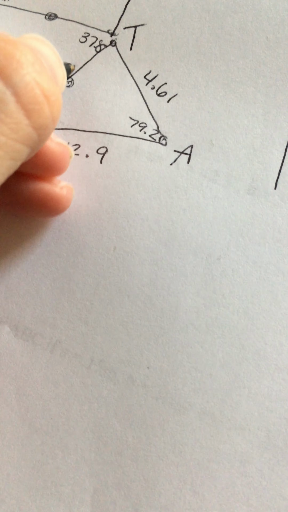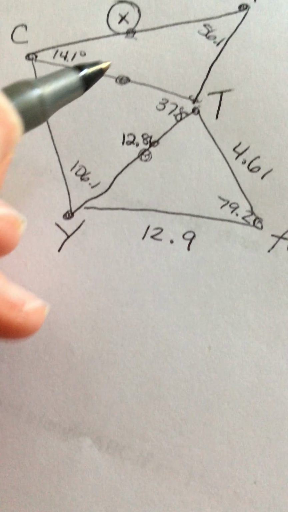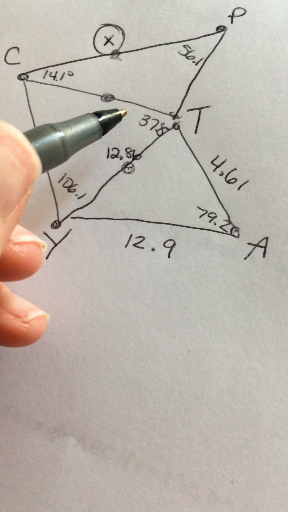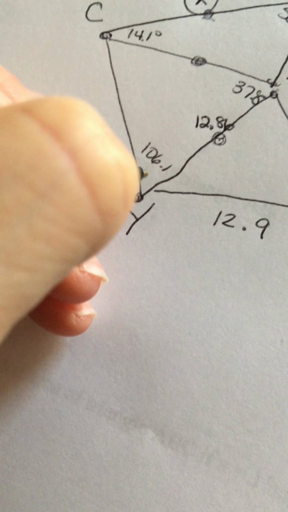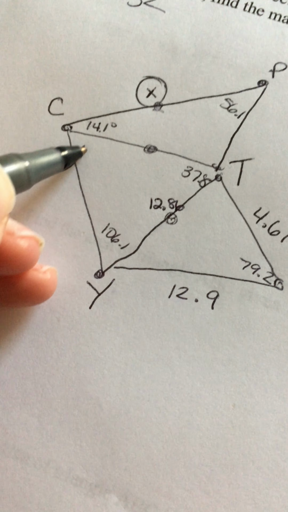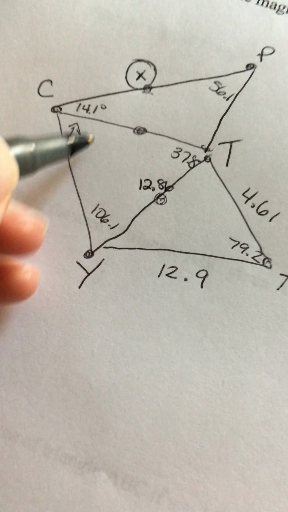All right, so as I find out information, I like to label as I go. So there we go, I can label that right in there. Now I want to find this side. To make our lives a little bit easier, if I look at this middle triangle, the only thing I'm really missing, besides these two sides, is this angle right in here, which is not that hard to get.